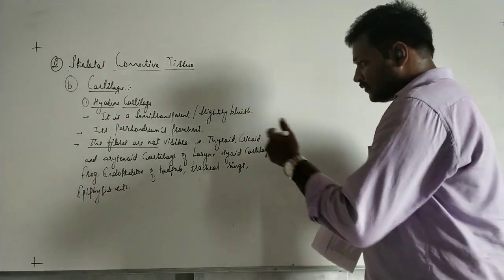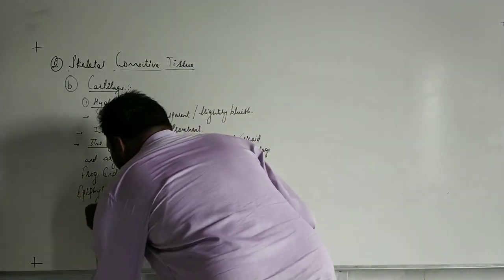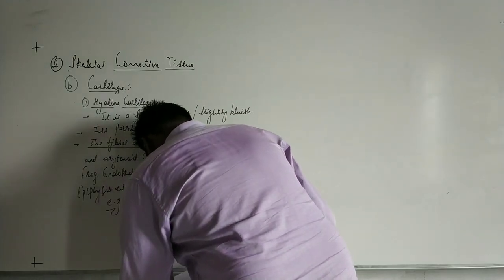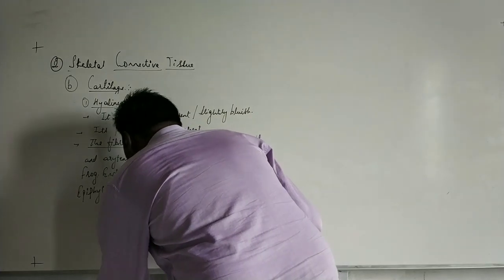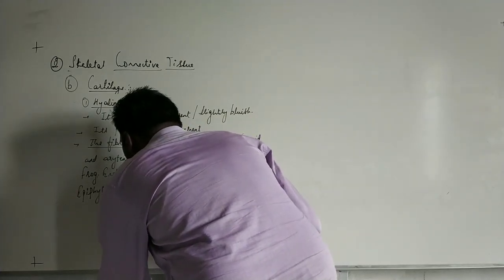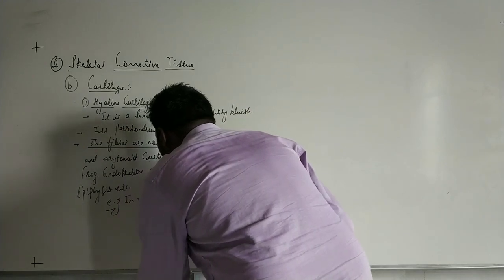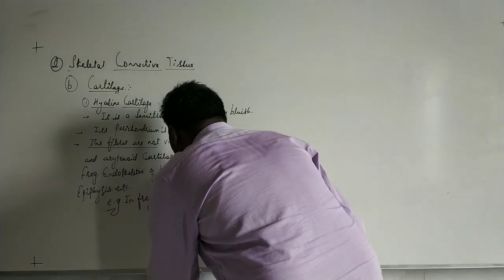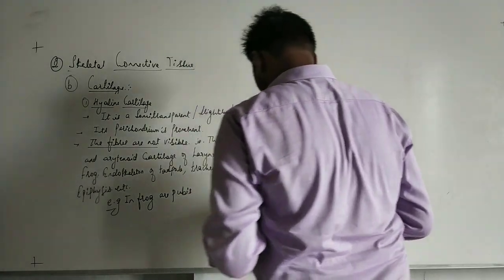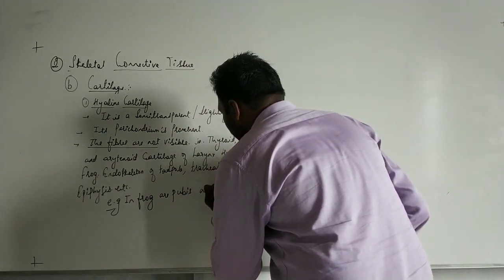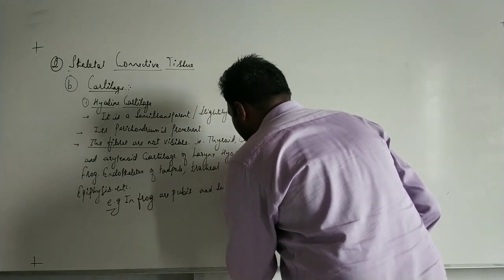Now, examples of such cartilage in frog are pubis and suprascapular.